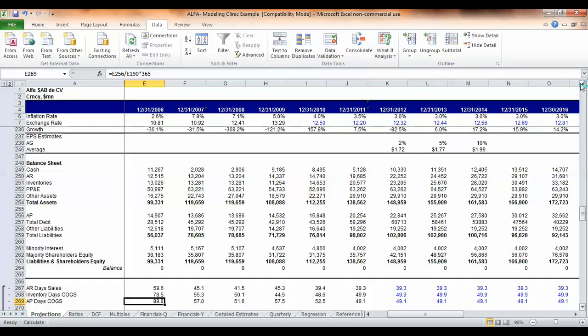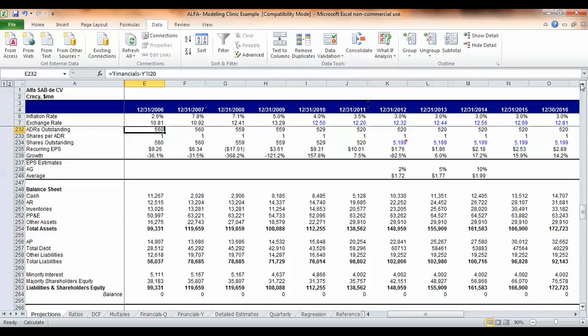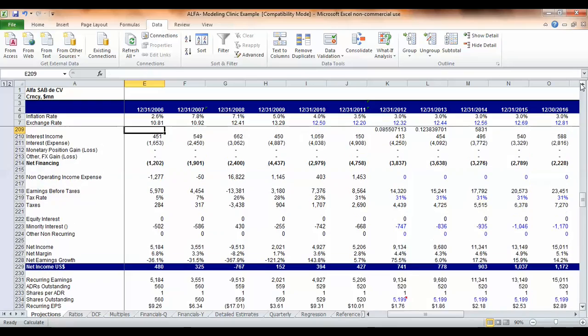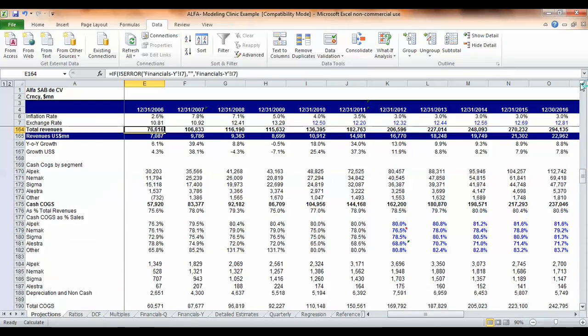So we're simply dividing the balance sheet item, accounts receivable, by revenue, which is E164. That basically gives you a percentage. If the total revenues in a year is 100%, what percentage of that is your balance sheet item? That means how much you are financing your clients.